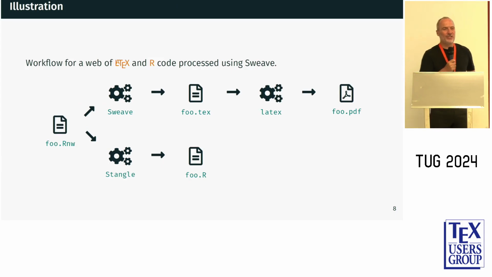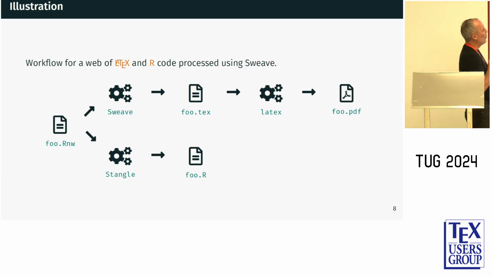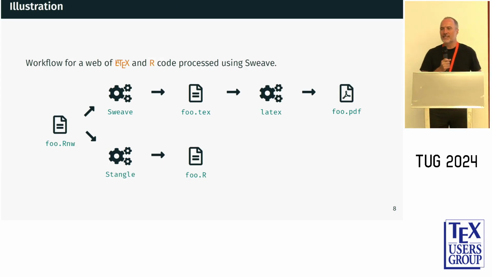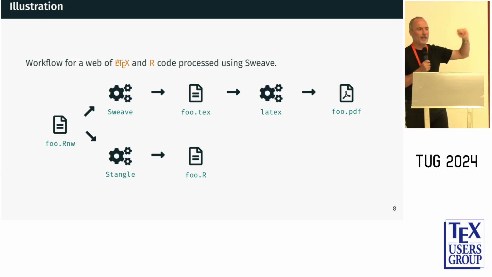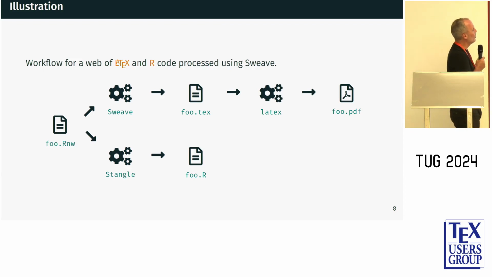So here's a short illustration of what a literate programming system would do. We start with a file. Here I made a depiction with a system that is using LaTeX as the language for the documentation and R as the programming language. You can adapt this to any other combination of markup language and programming language, and it's not really important in the sequel.